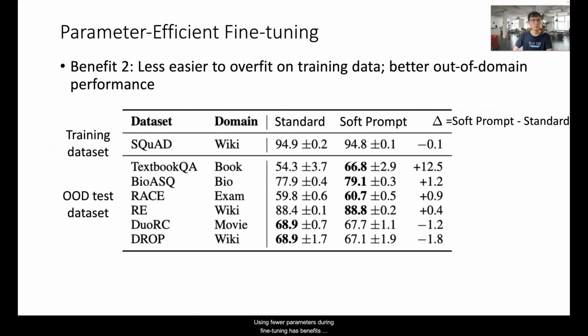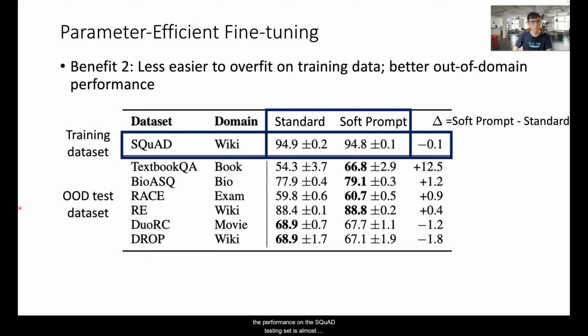Using fewer parameters during fine-tuning has benefits other than parameter efficiency. When using fewer parameters, the model trained on an in-domain dataset can have better out-of-domain generalization. The table here shows that when trained on SQuAD, which is a question-answering dataset, the performance on the SQuAD testing set is almost the same for standard fine-tuning and prompt tuning.